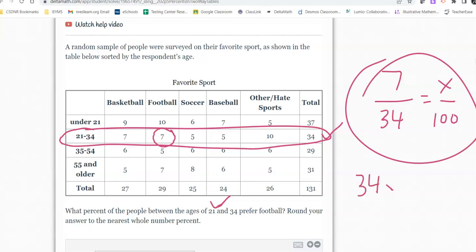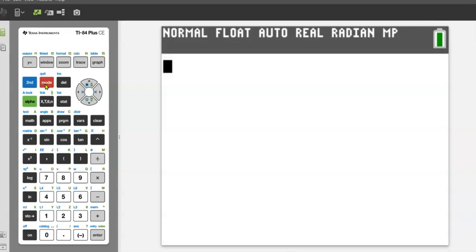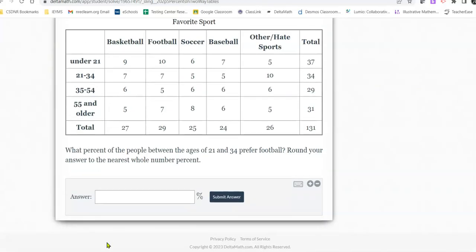So 34x is equal to 700, and then you divide 700 by 34, and you round your answer to the nearest whole number. So I'm going to do 700 divided by 34. I'm going to say 21. That's going to round up to 21. So I'm going to type that here, 21%.